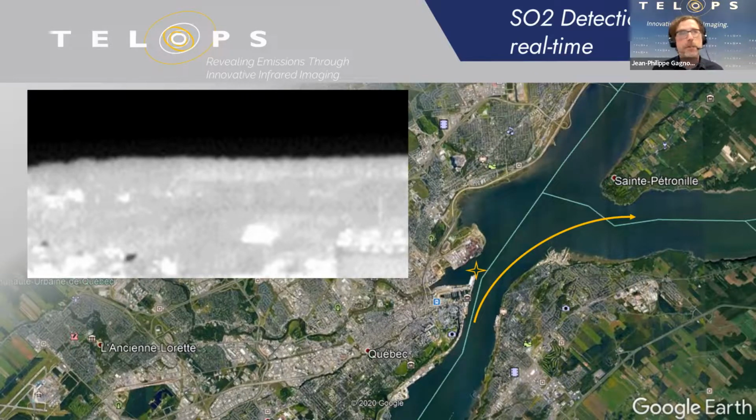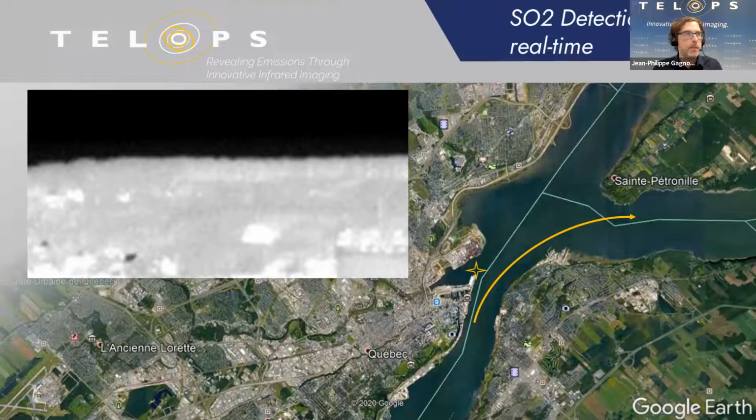Let's switch gears here, and I'll show you one example of how this technology can be used to detect sulfur dioxide emissions from the maritime industry, or from ocean-going vessels.